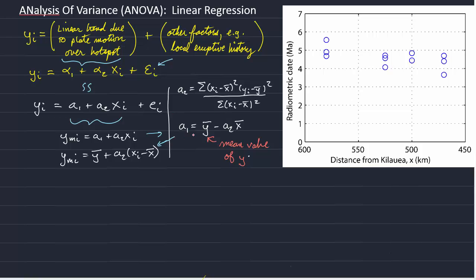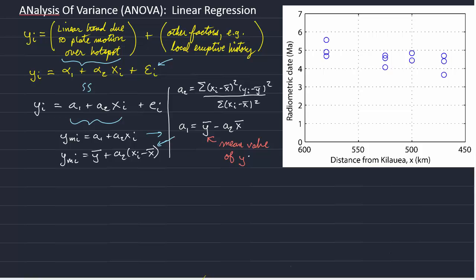If we substitute this for our intercept, we can describe the model age as being equal to the mean value of y plus the slope times the difference between the position and the mean value of x. Okay, so that's a little background.